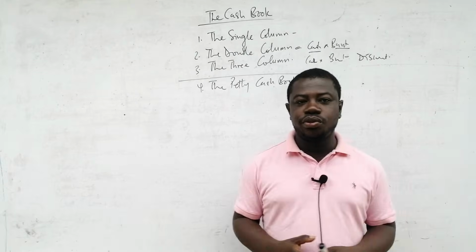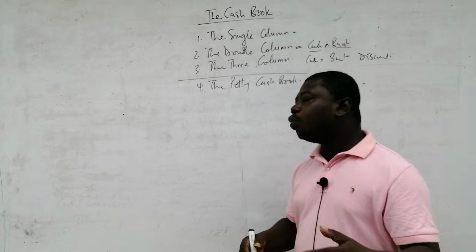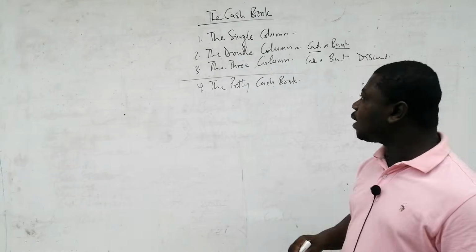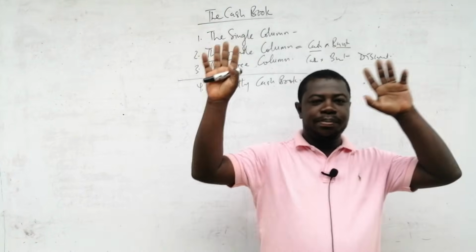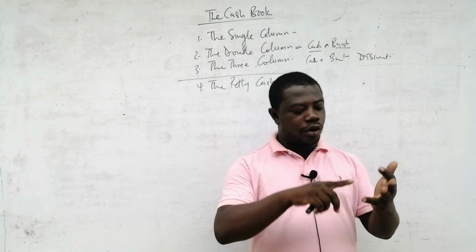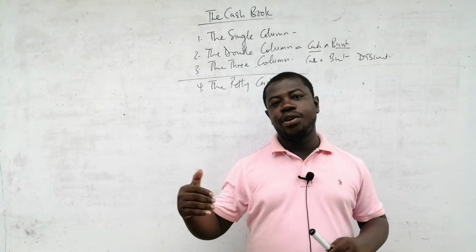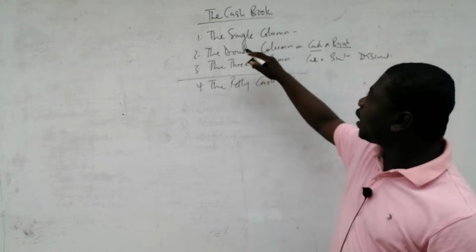And so what we are trying to say is that when we are paying an amount and there is a discount, we should show the discount in the discount column. When we are receiving an amount and there is a discount, we should show it. And so the three column cash book will still have a debit and a credit side, but the debit side will cater for cash column, bank column, and a discount column. And the credit side will also do the same, discount column, cash column, and a bank column. So that is why there are differences.